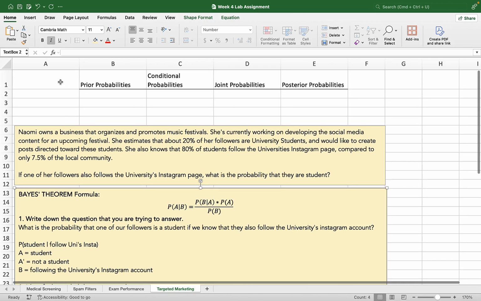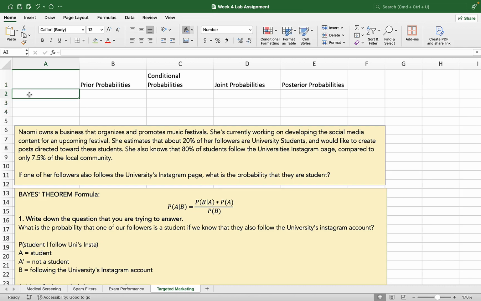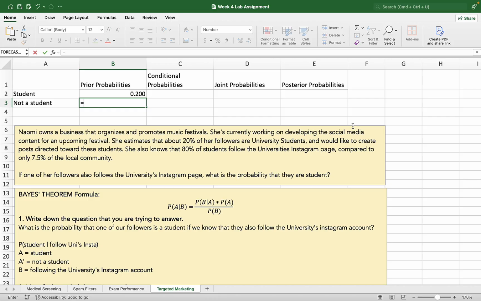So A goes in this first column, in column A, whether someone is a student or not a student. So one of our followers is either a student or they are not a student. And with regard to our followers, 20% of them are students. And then since someone is either a student or not a student, and this applies only to this first column, we can just do 1 minus the probability of being a student, right?